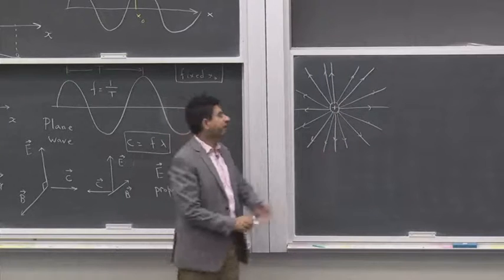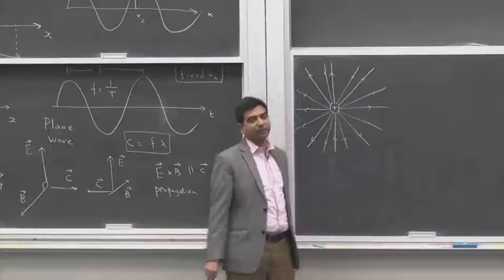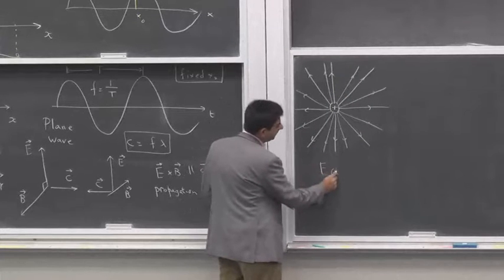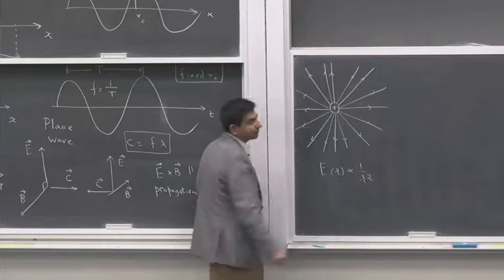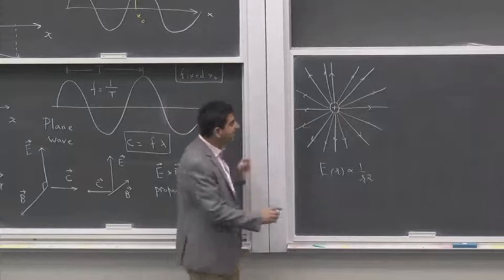No, it's not. It's larger near the charge and it drops off as 1 over r squared far away from the charge. So for a static charge, the electric field's dependence is 1 over r squared according to Gauss's law or according to Coulomb's law. So this is a static charge.